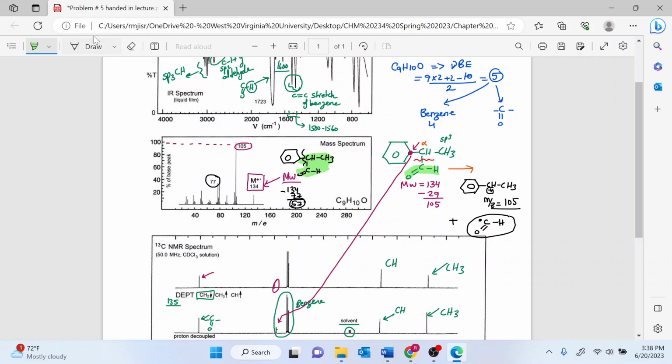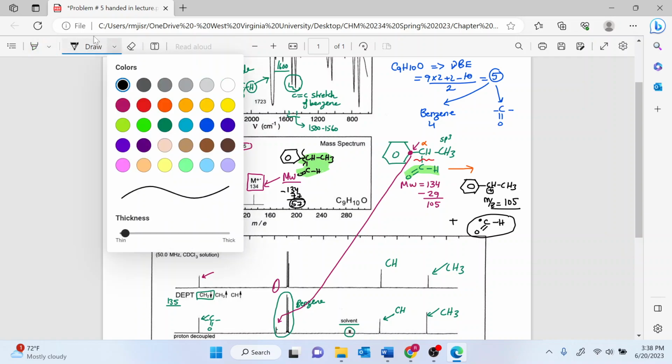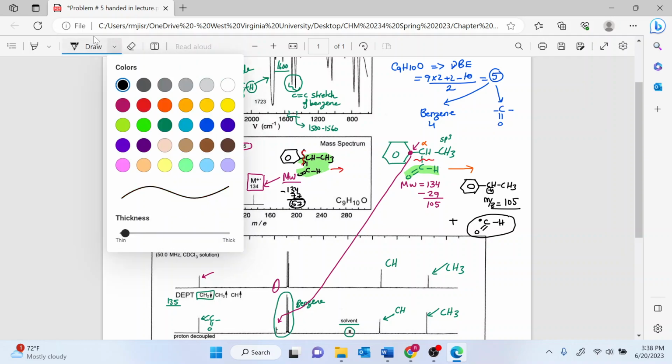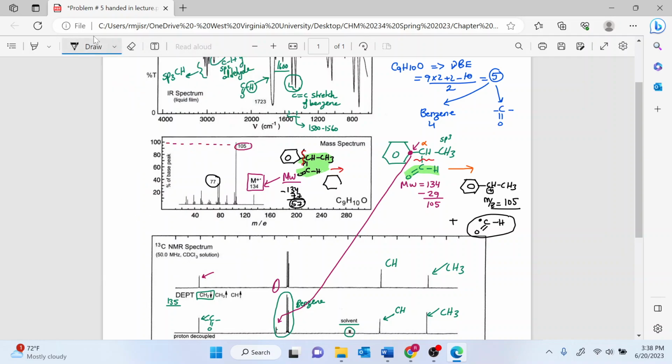So if you lose that, you're going to end up having your cation benzene in this case. So go ahead and fragment this bond. And what you're going to end up having is your benzene as a cation, and this has m over z equal to 77, plus your other fragment in there as a radical.